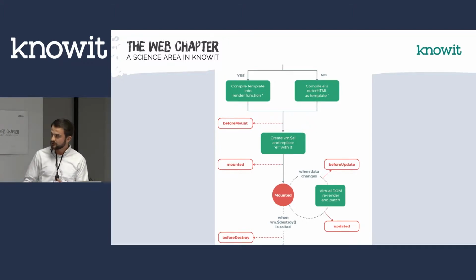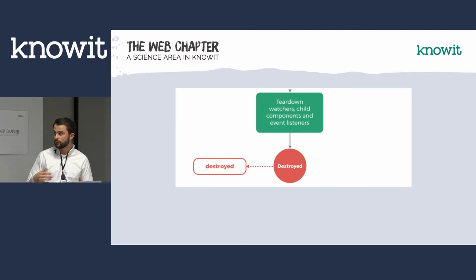When it is mounted, you have the different re-renders when the virtual DOM re-renders and patches. During all these steps, you have different kinds of lifecycle hooks if you want to do something special, or you can just leave them as they are and it works. And when you destroy the instance, it tears down every watcher, child component and event listener.